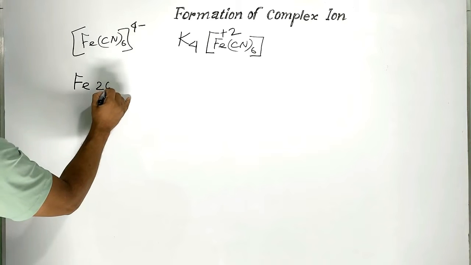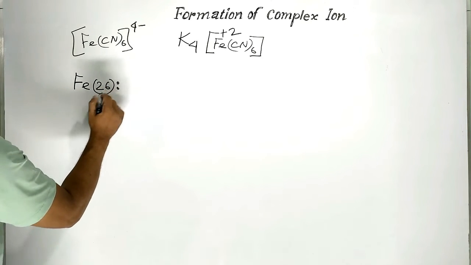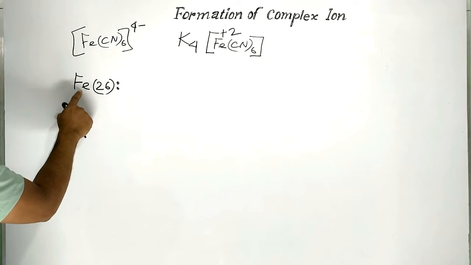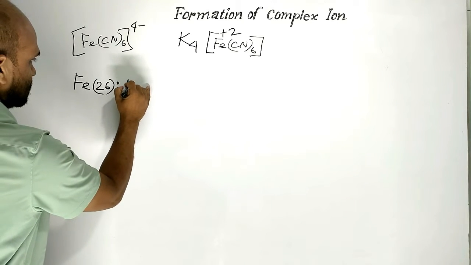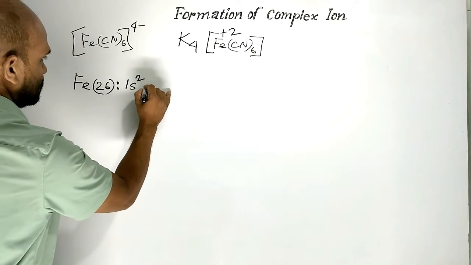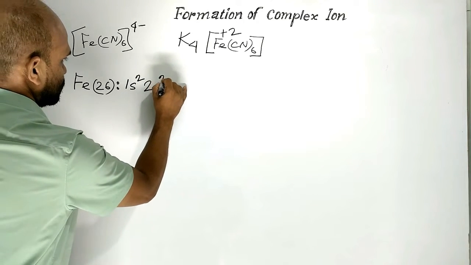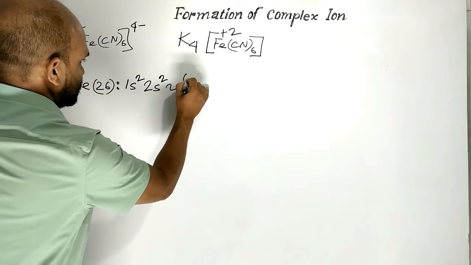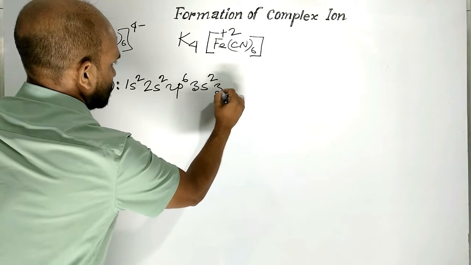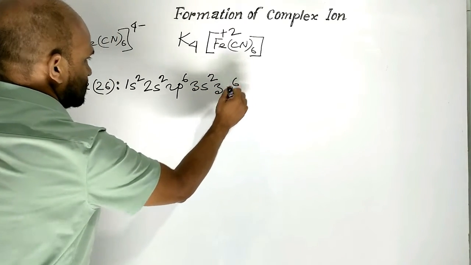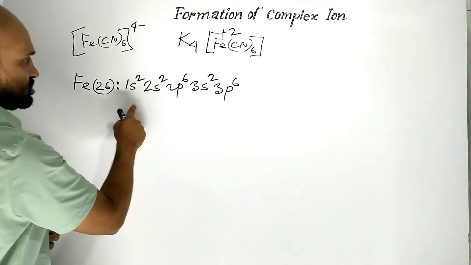Let us see electronic configuration of iron. Atomic number of iron is 26. Electronic configuration is 1s2, 2s2, 2p6, 3s2, 3p6. Here 18 electrons.